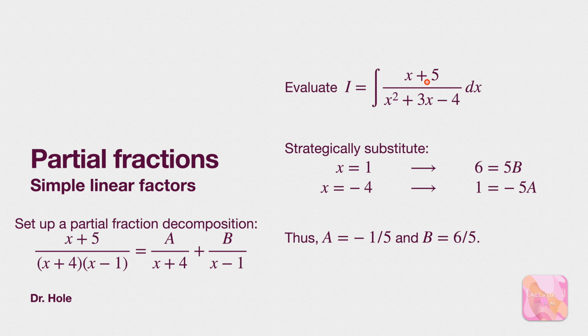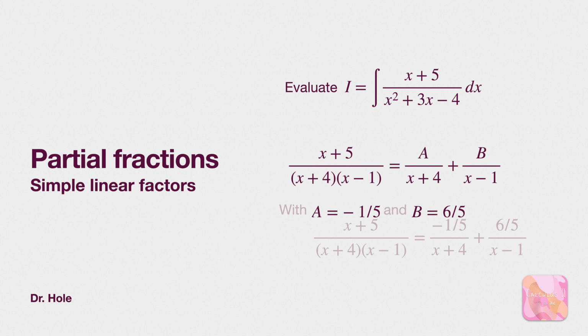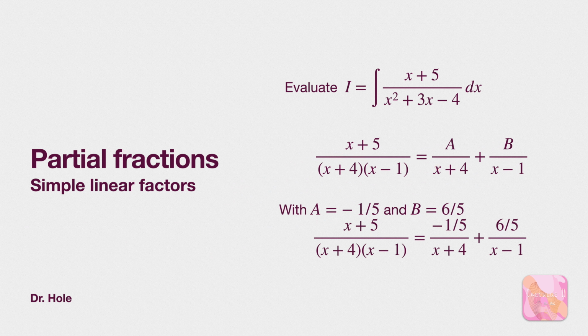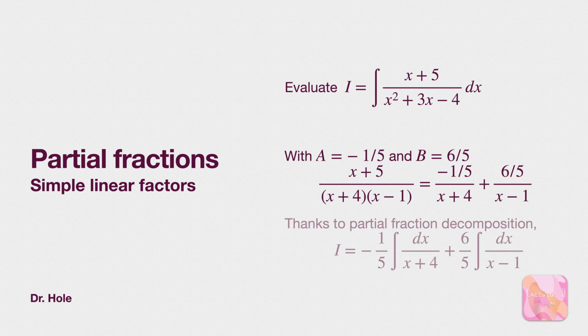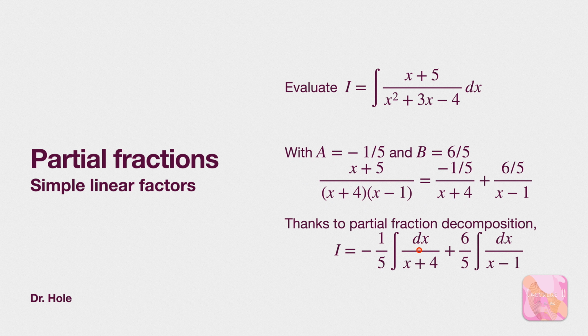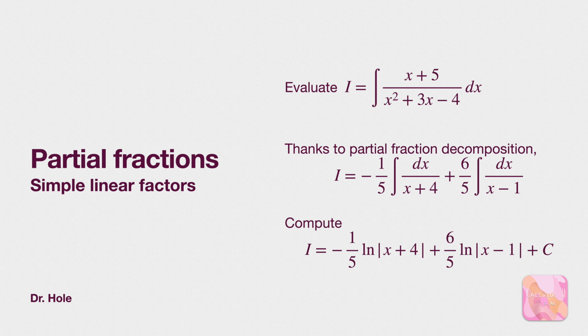And we can take our proper rational function integrand and express it as a sum of rational functions which, as integrands, have simple evaluations. You can do a u sub of u equal x plus 4 and a u sub of u equal x minus 1. And then we come up with our evaluation. And we're done. Looking good.